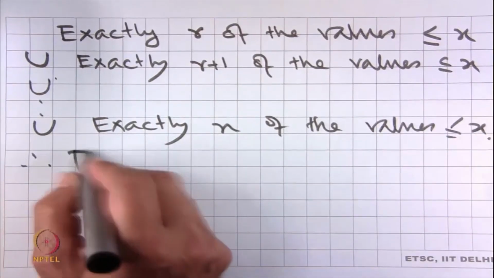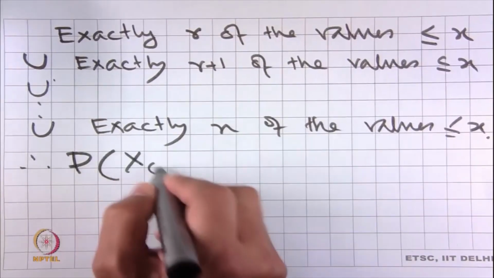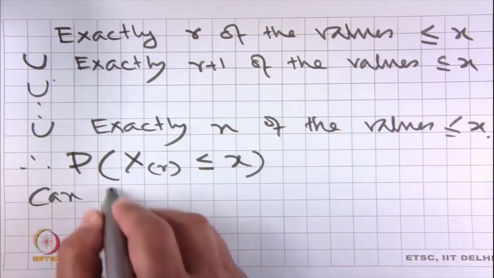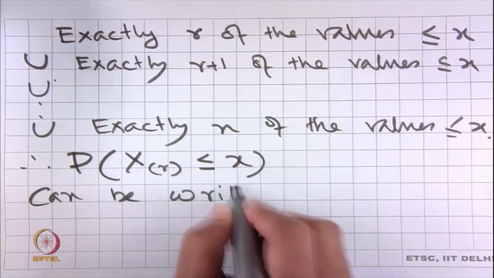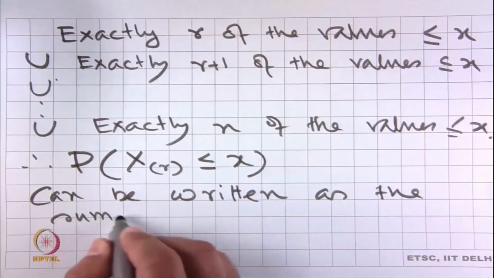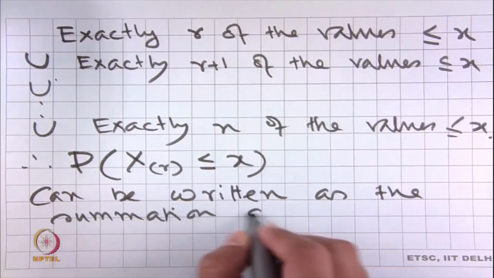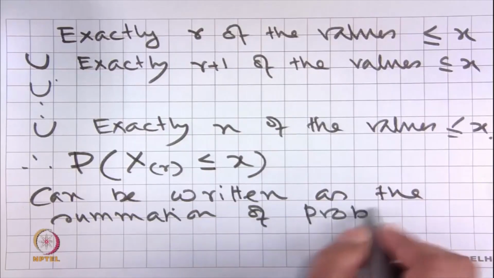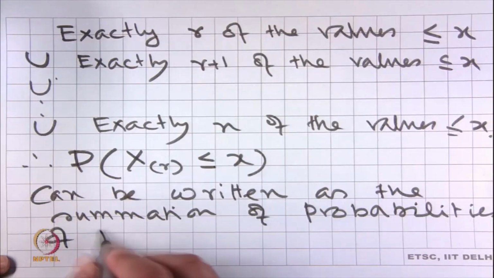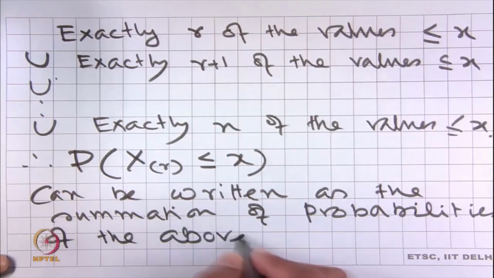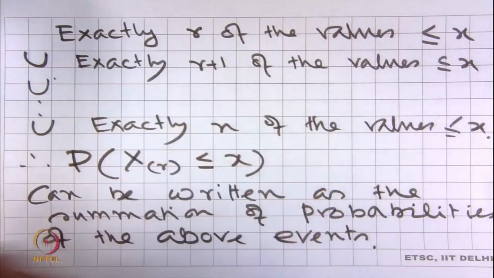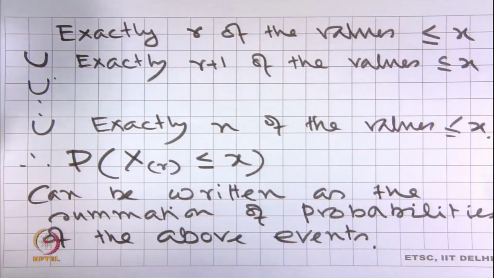Therefore, probability X(r) less than or equal to x can be written as the summation of probabilities of the above events, because these are all disjoint.